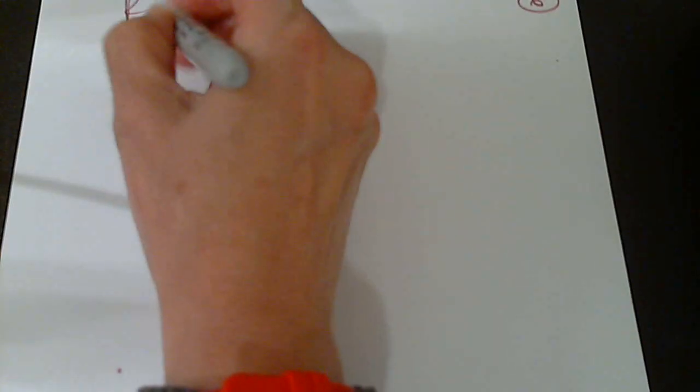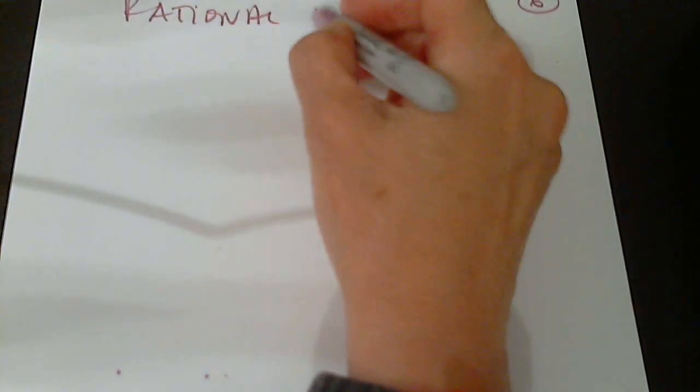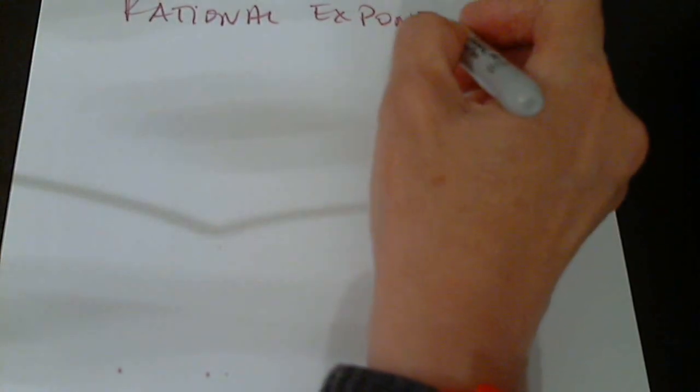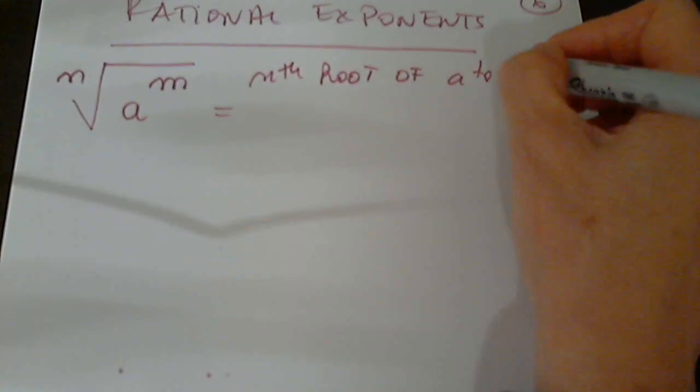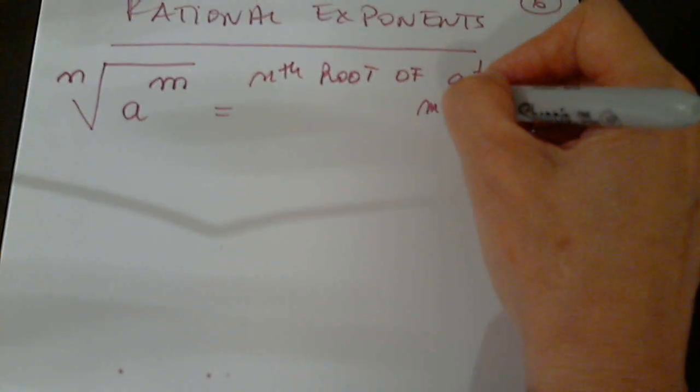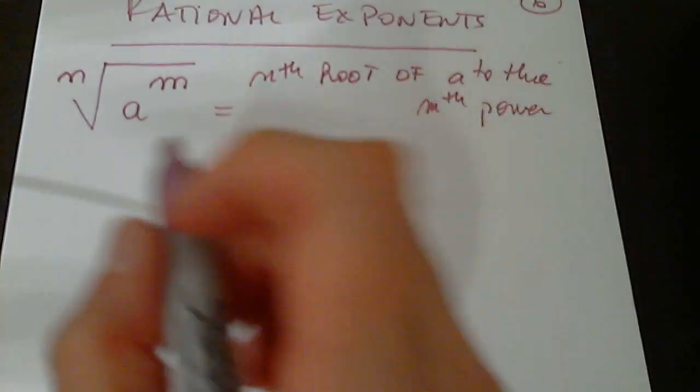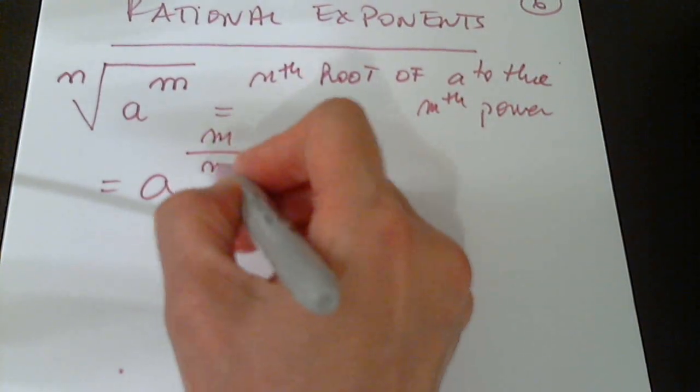So this is my page 6. Rational exponents. Remember, the nth root of a to the mth power is the same as a to the m over n power.